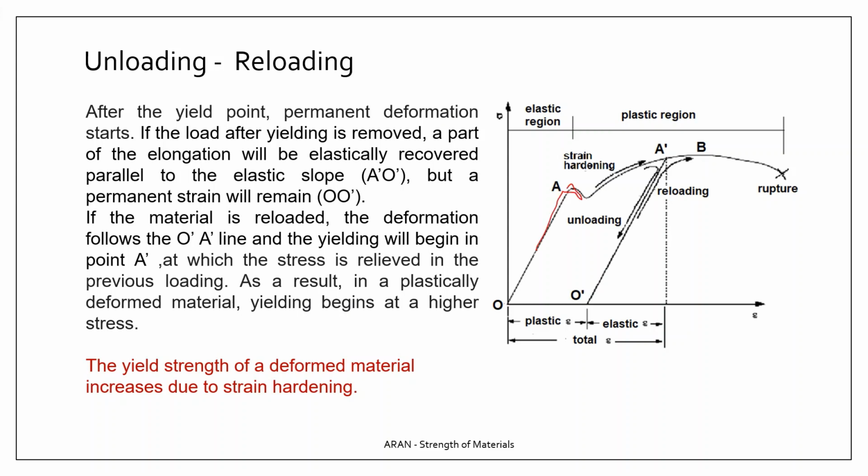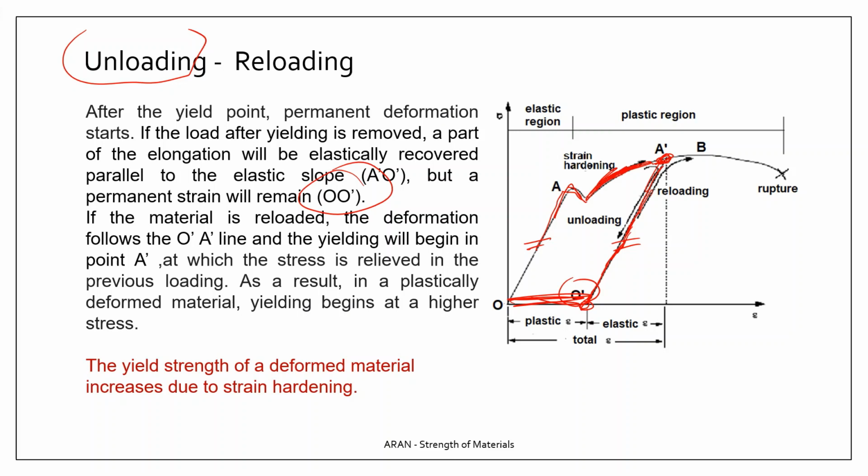After the yield point, permanent deformation begins, and if we stop somewhere and begin unloading, a part of the elongation will be elastically recovered and the unloading will be parallel to the elastic slope of the curve. But at the end, you will end up with O prime and the permanent strain O prime will remain.